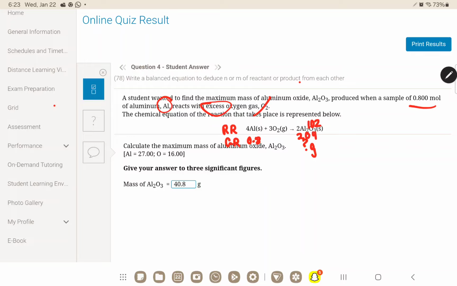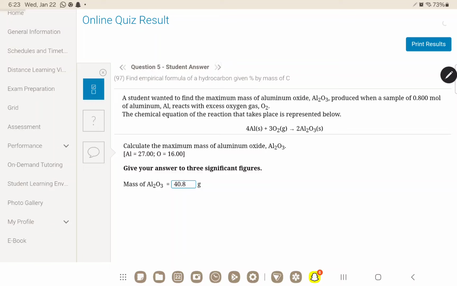So then you do 0.8, and here you have 4, by the way. So 0.8 times 204, you get 163.2. You divide that by 4, you get the question mark equals 40.8 grams, and that is your answer.